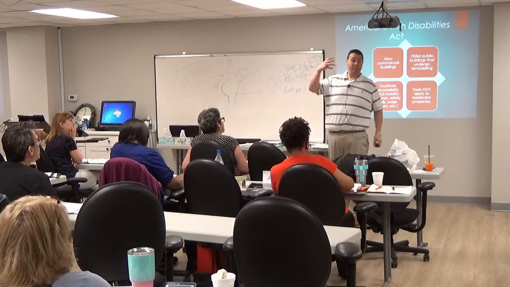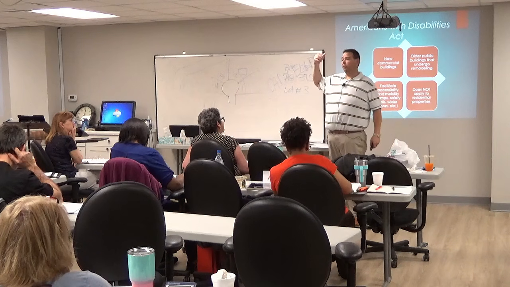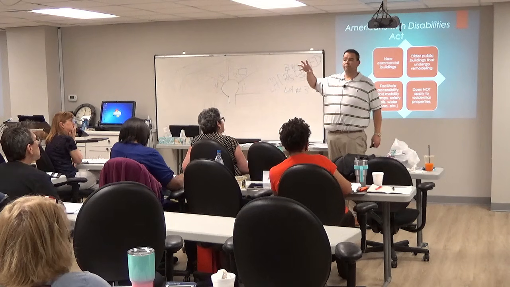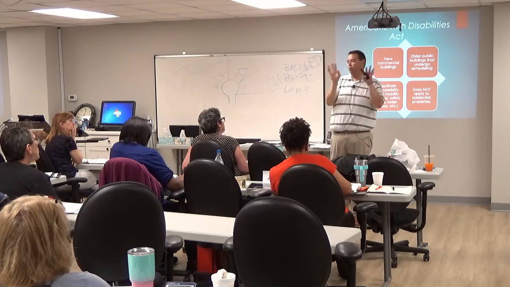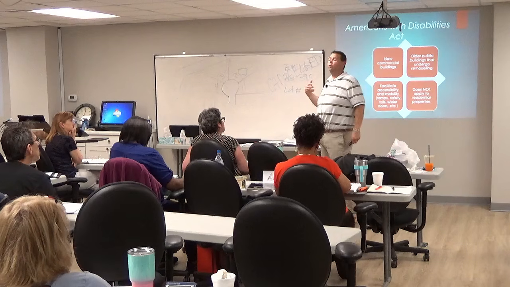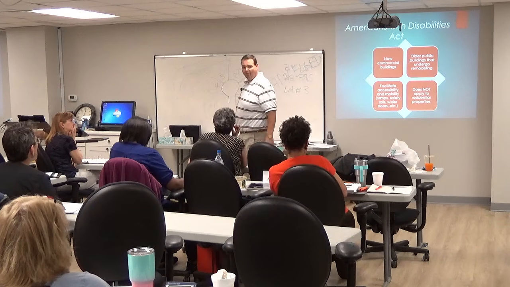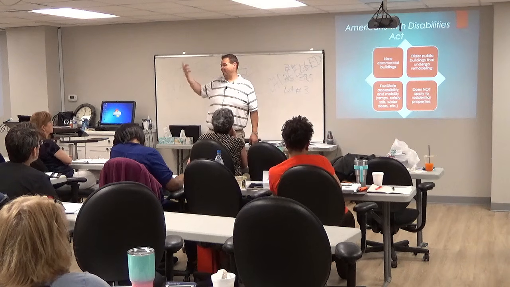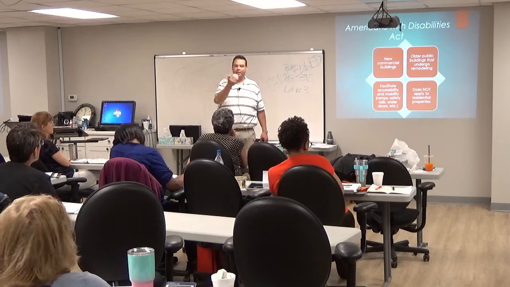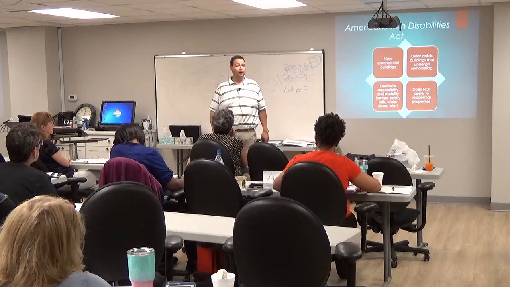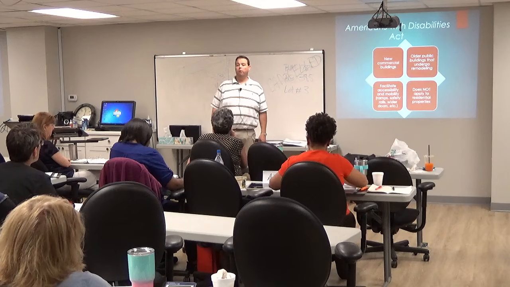So if somebody has a vision impairment and they have a software program that translates websites for people with that situation, you would have to have fonts that are compliant with those translators so that the website could be read to them. Or if you have videos on the website where somebody's talking, you have to have subtitles. So if somebody has a hearing deficiency, they could see and read what was being said in the videos. That's going to be required in 2019 as part of the ADA.